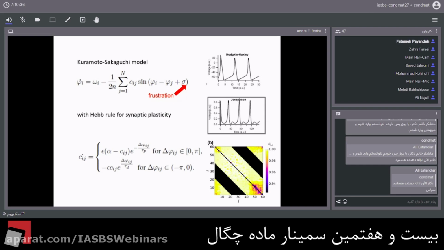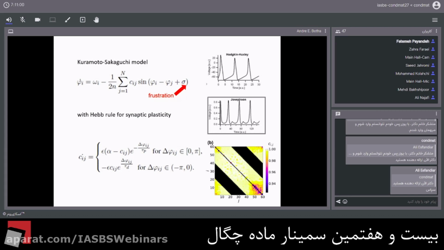So this parameter of frustration plays a role much to that effect. And what we did is we investigated how the addition of this frustration in the system can affect the synchronization of the system of neurons.